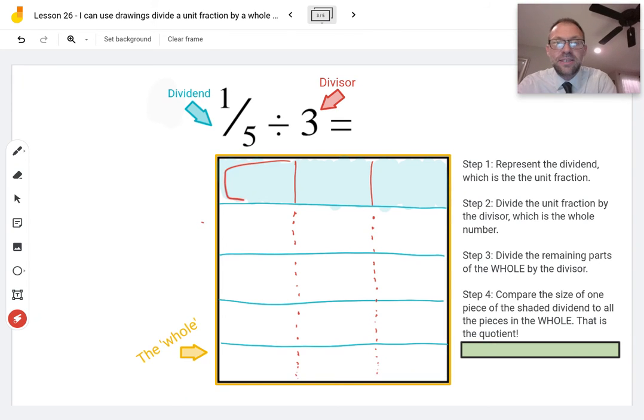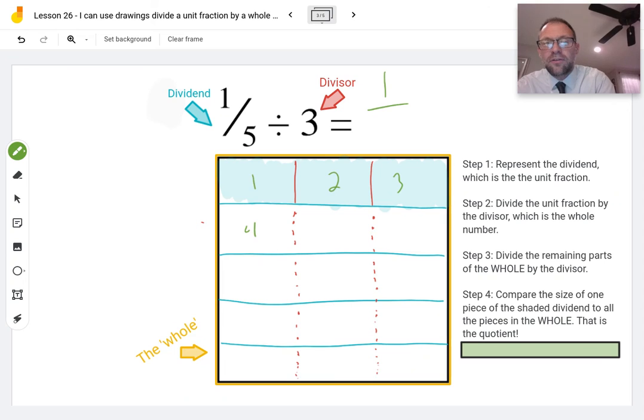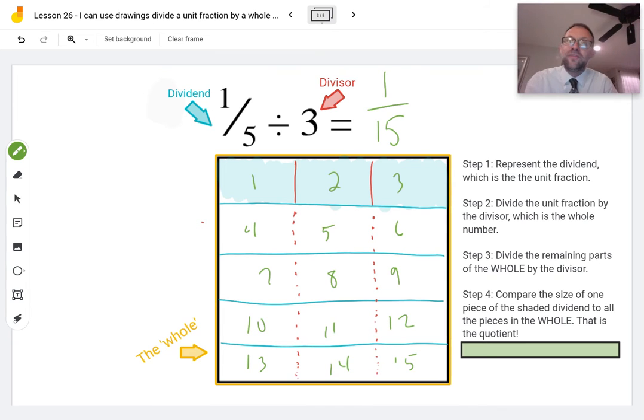So we have one piece, that's the numerator, out of how many pieces? Well, let's count them up. 1, 2, 3, 4, 5, 6, 7, 8, 9, 10, 11, 12, 13, 14, 15 pieces in all. So that's our denominator, because the job of the denominator is to report the number of pieces in the whole.